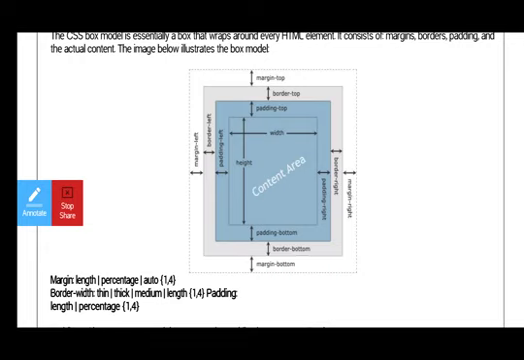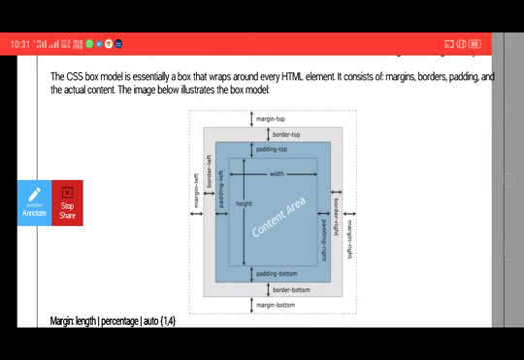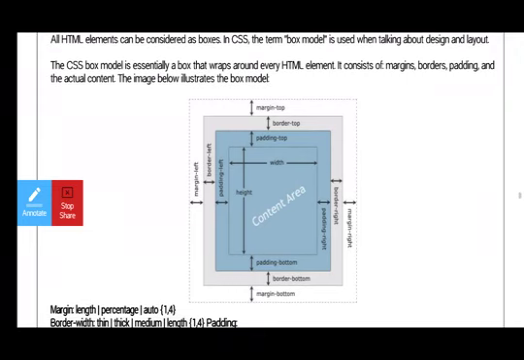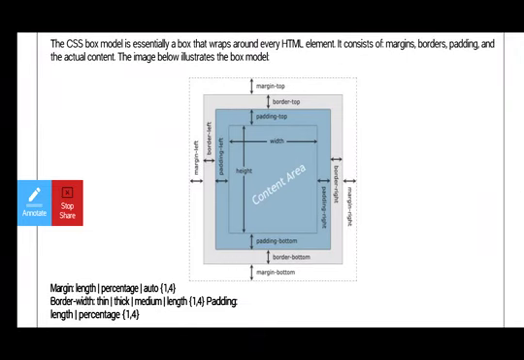Whatever content or HTML elements we are going to present, the actual content is present in this height and width. So here we need to select the height and width of the content area. Only this content area is going to appear on the web page. Whatever web page we design, the web page is going to show this particular content.